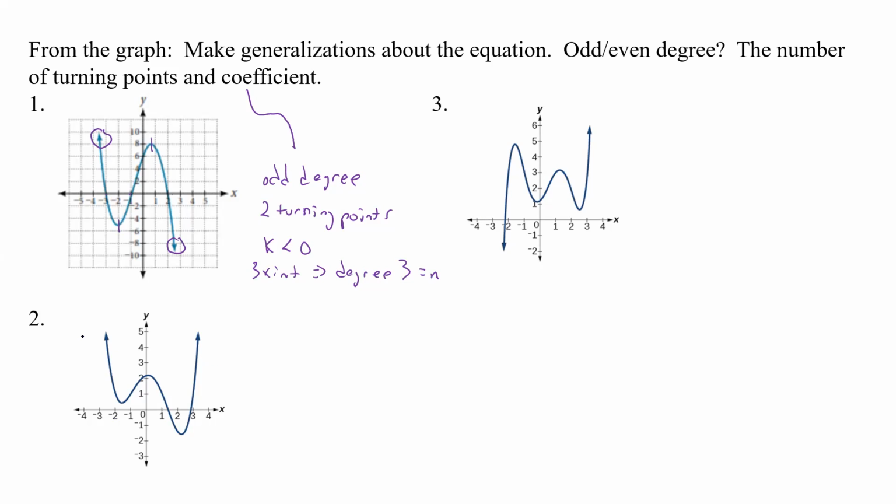Now, number 2 is over here. So here, what do we got? Well, that looks like just x squared, right? It's an even function. So even degree. Now, how many turning points? We have 1, 2, 3. So we have 3 turning points.